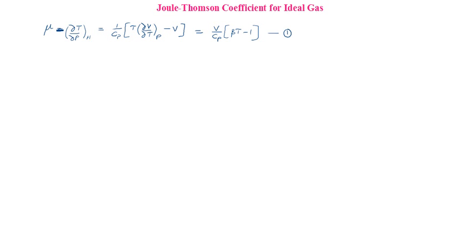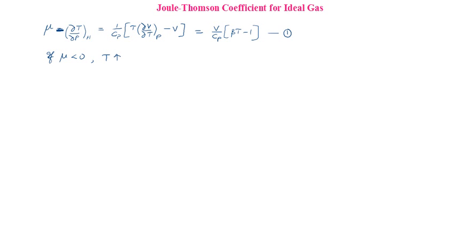So in short, if the Joule-Thomson or Joule-Kelvin coefficient of a gas is less than 0, then the gas will be heating up, or we can say the temperature of the gas will be getting increased.